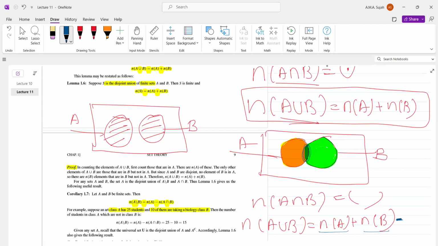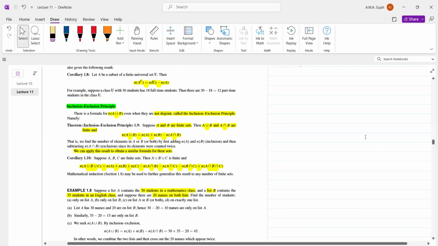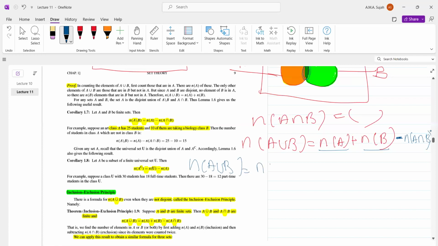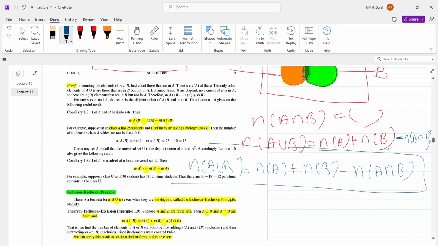I need to subtract the number of A intersection B. Now the equation says the number of A union B is equal to the number of A plus the number of B minus the number of A intersection B. This is the common equation to find A union B. If A and B are disjoint, then the number of A union B is equal to the number of A plus the number of B minus 0.